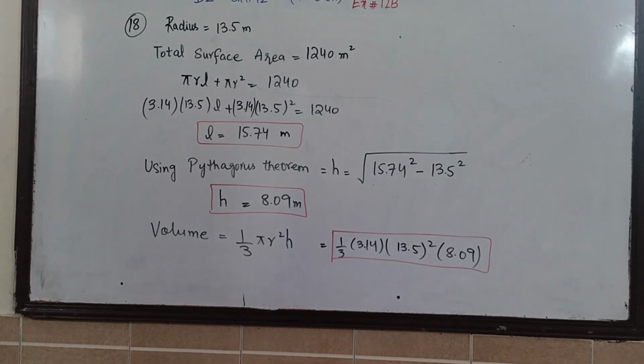The last thing, you have to find the volume of the cone. The formula is 1/3 pi r square h. In this formula we know the value of the radius and the height. Put the values in the formula and calculate the volume. Here we have our question 18 and we are done with exercise 12b.